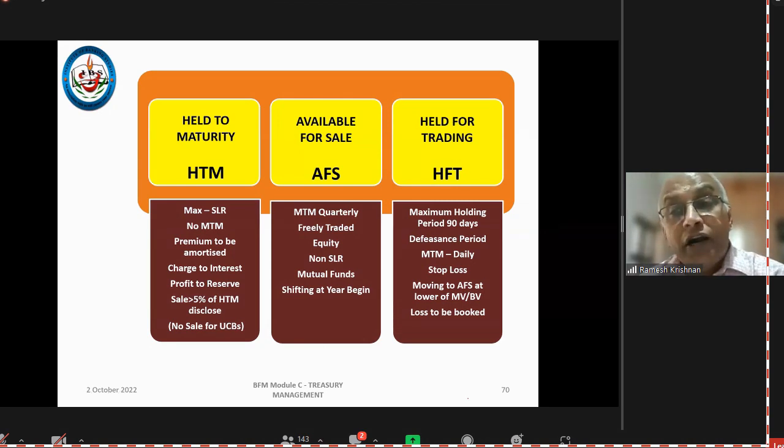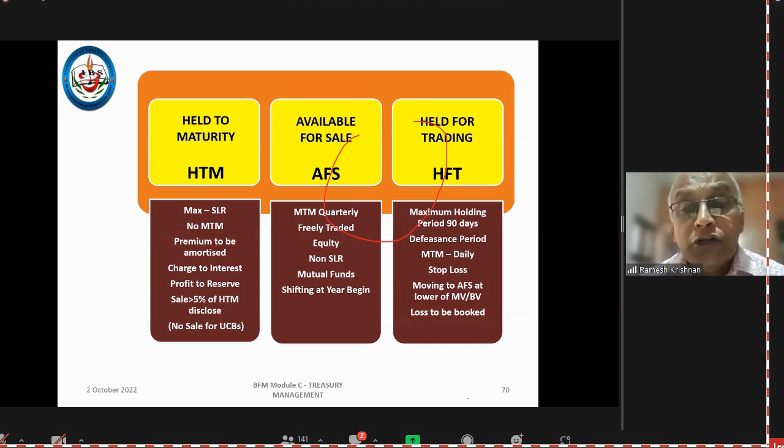For those of you who have gone through your annual report, you would have found that the investments are classified in the balance sheet as government securities, non-SLR bonds, equities, mutual funds, venture capital funds, investment in subsidiaries and joint ventures, and then derivatives, if you have any naked trading positions. Otherwise, it normally goes along with whatever is underlying your SLR portfolio, where you have a netting mechanism.